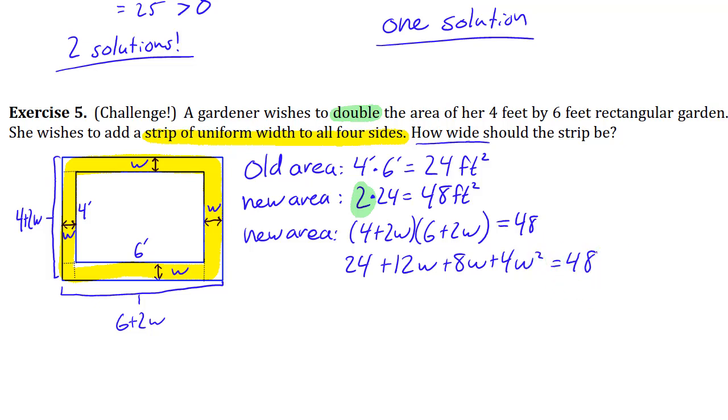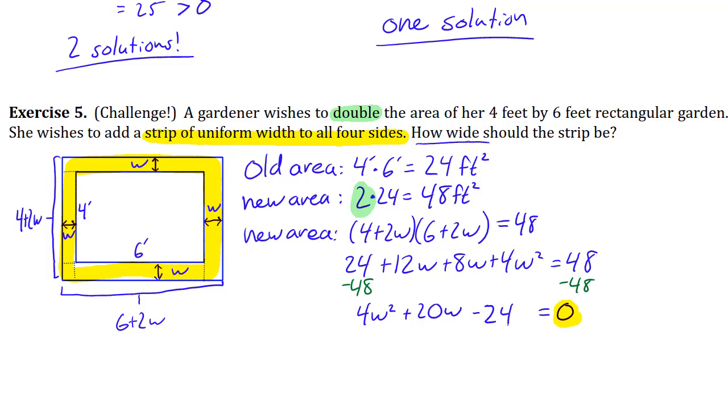If you want to use the quadratic formula, you might want to subtract the 48 from both sides, because you need a 0 on one side to use the quadratic formula. So I'm going to write this in the standard order with a 4W squared first. And then we have 12W plus 8W is plus 20W. And then 24 minus 48 is negative 24.